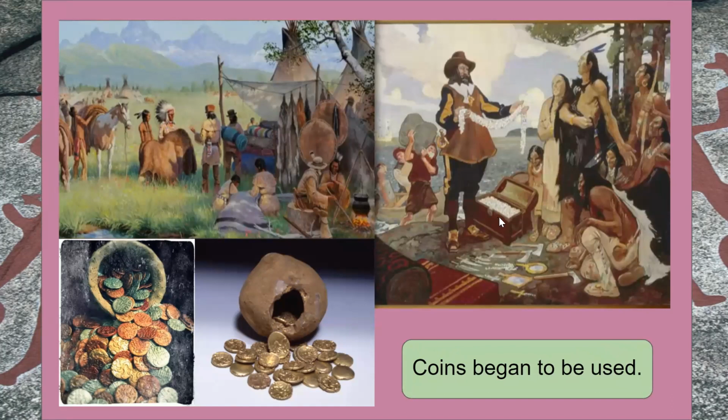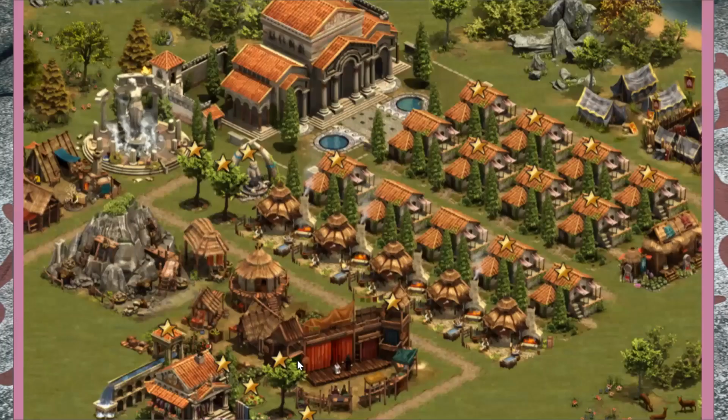The first coins were made of iron, and later on, silver and gold coins were made and used. When trade began, cities were growing and people started changing their lifestyles.